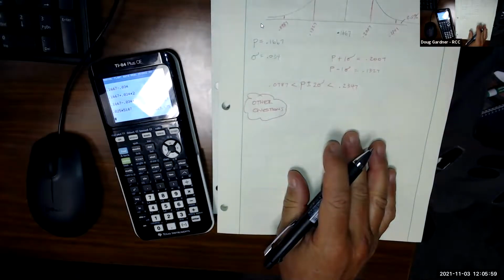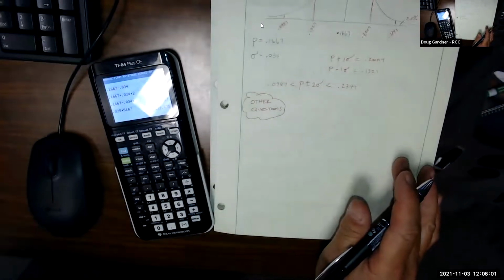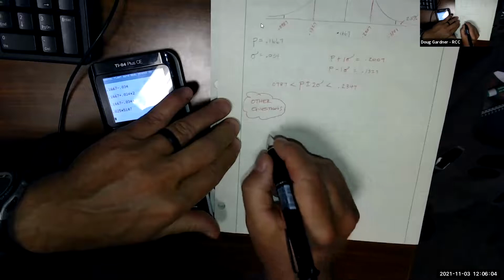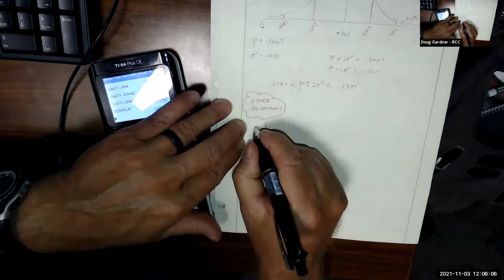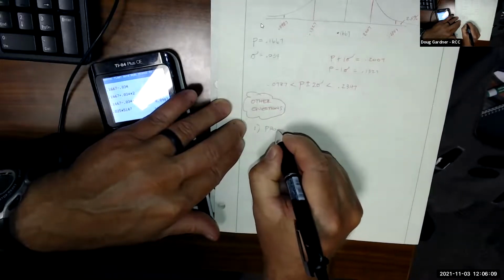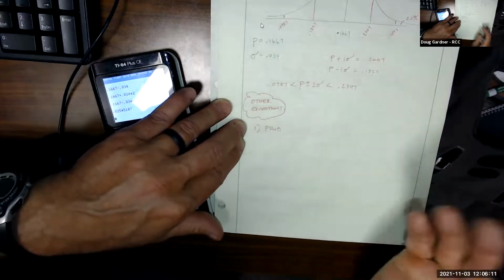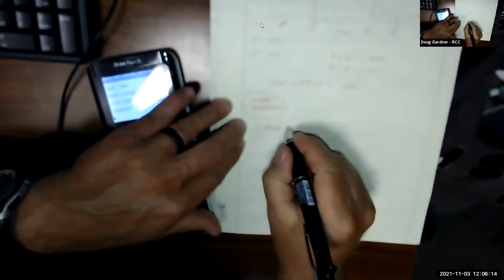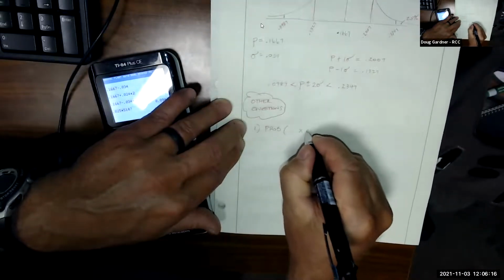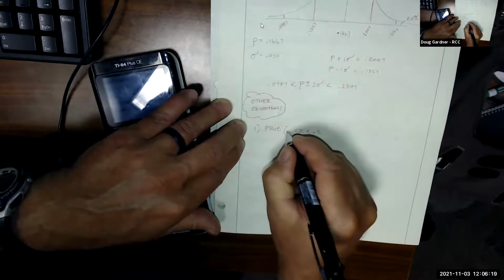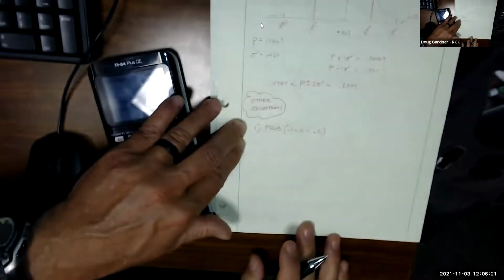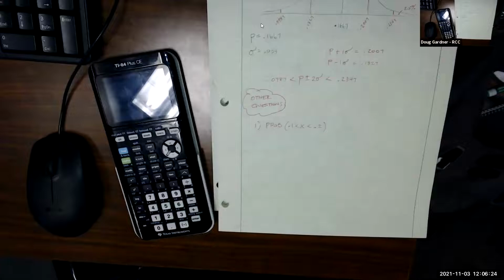Like, what's the probability that I would be between 10 and 20%? So if I roll the dice out there, what's the probability that I'll get a number of 5s that's somewhere between 10 and 20%?